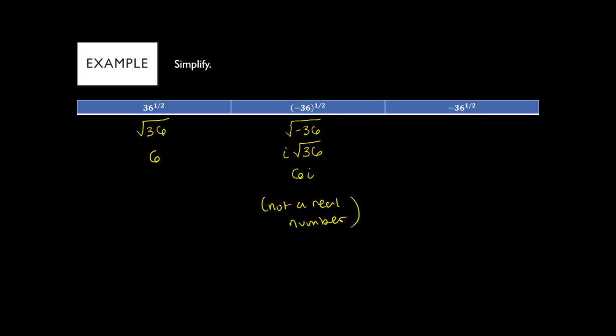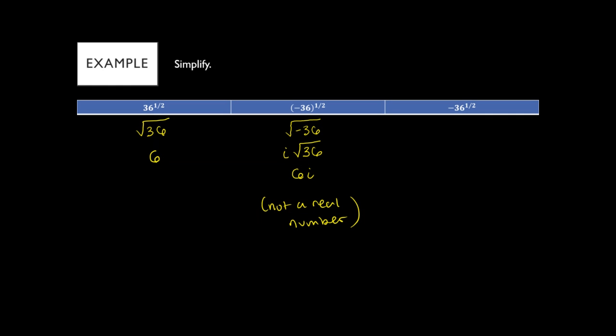But understanding that the rational exponent is a square root can help you look at this and say, okay, I'm actually going to get an imaginary number out. So that can help you if you can go through and convert from one form to the other.